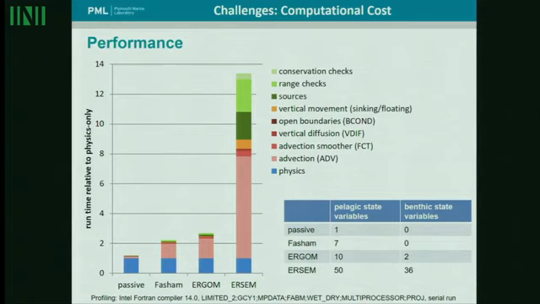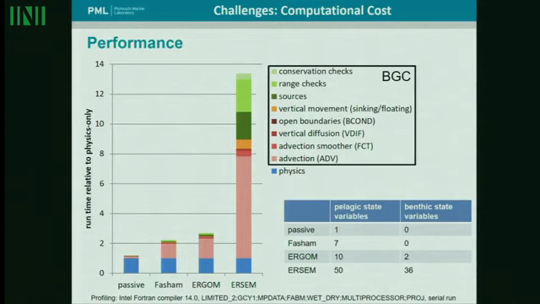So the more complex your marine model becomes, the more the computational cost goes up quite markedly. There's a similar issue with scale. If you reduce the scale and have higher resolution models, then the cost of running the models goes up by the square, roughly. So there's a challenge there with computational cost.